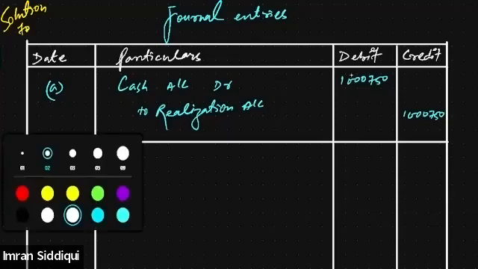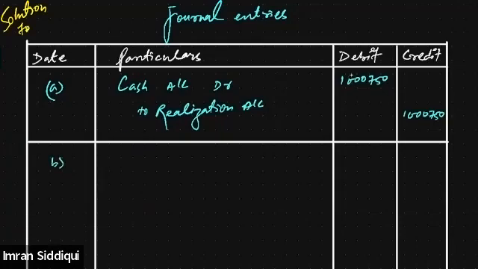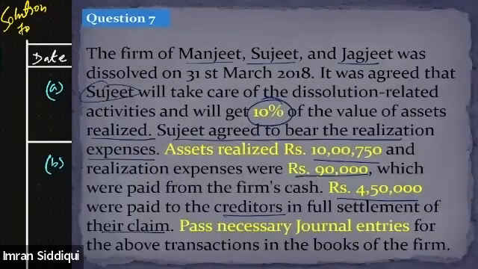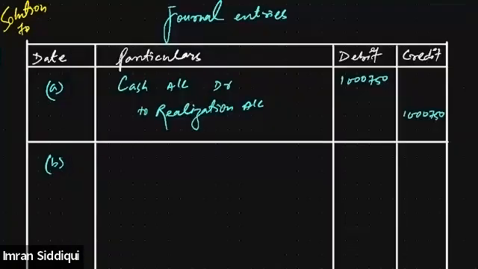Moving on to the second transaction, second journal entry. It is given in the question that Sujit will take care of the dissolution related activities and he will be getting 10% of the value of the asset being realized as commission. So Sujit is executing the dissolution related activity and he will be getting commission.